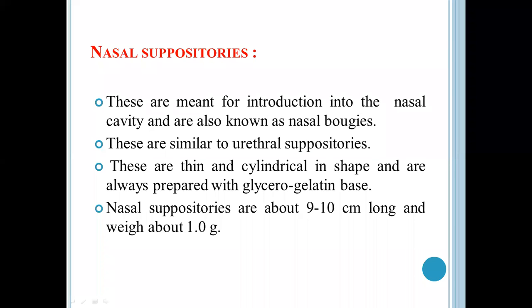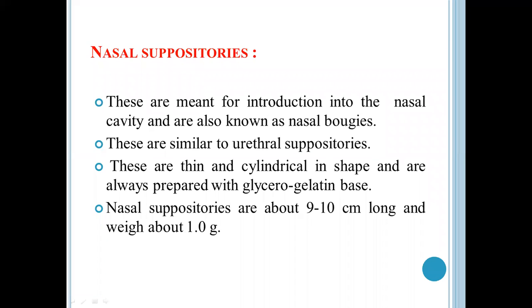They are thin and cylindrical in shape and are always prepared with a glycerogelatin base. So for the preparation of nasal suppositories, which base is used? Glycerogelatin base. Nasal suppositories are about 9 to 10 centimeter long, and their weight, how much? 1 gram.